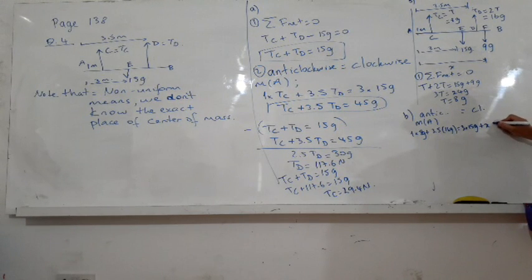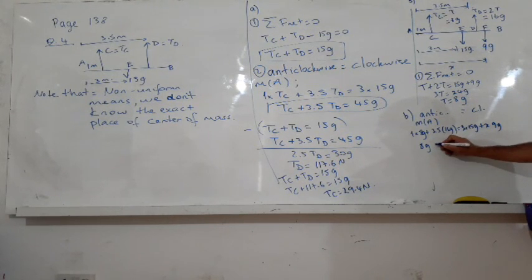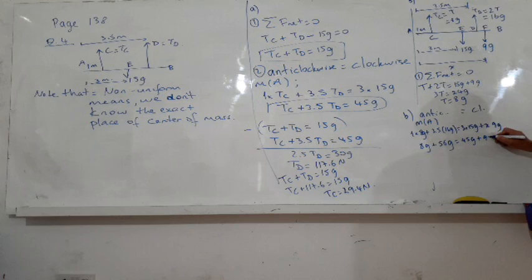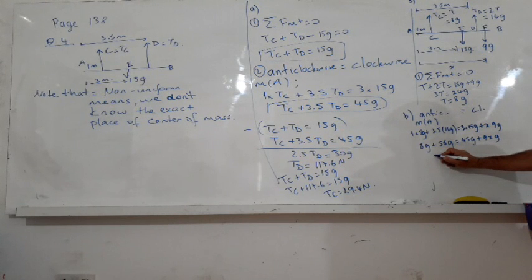So 8G plus 56G is equal to 45G plus 9XG. 64G is equal to 45G plus 9XG.